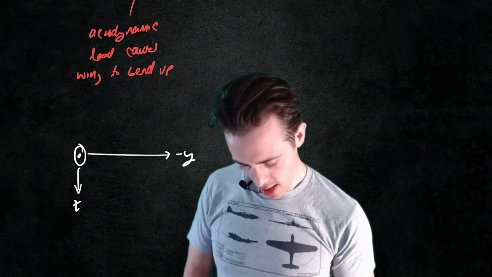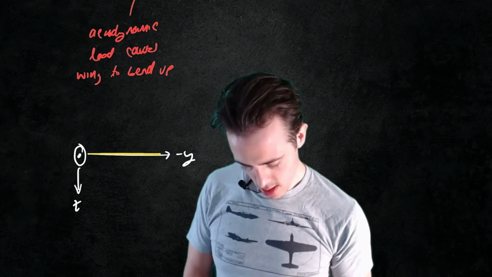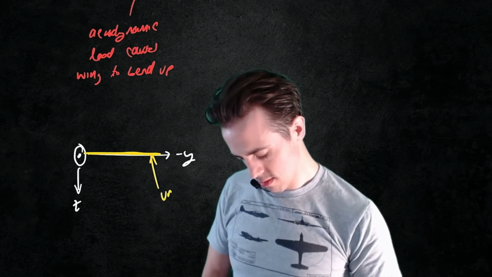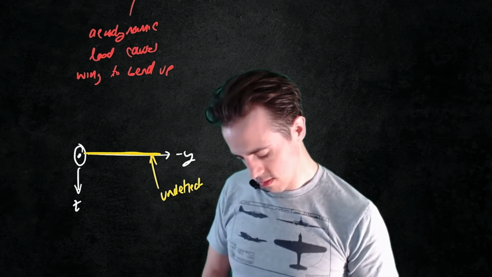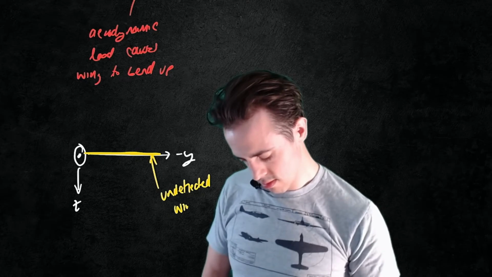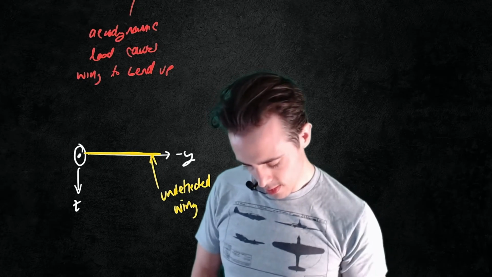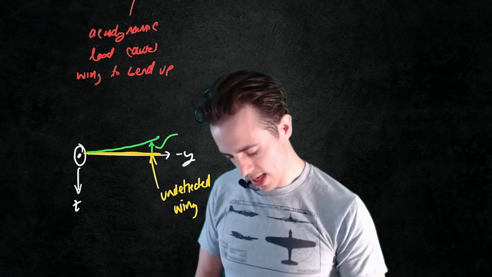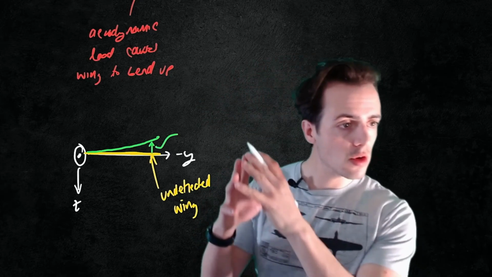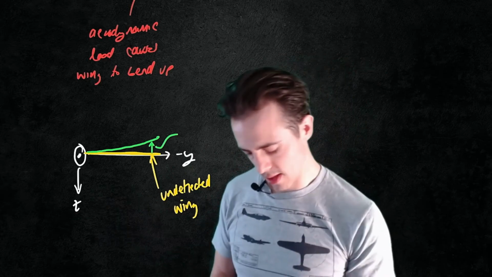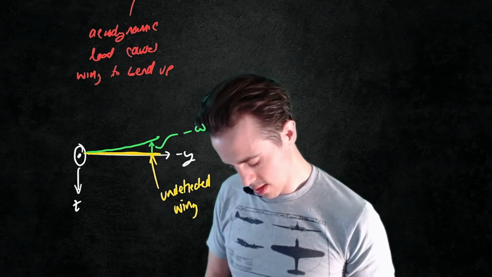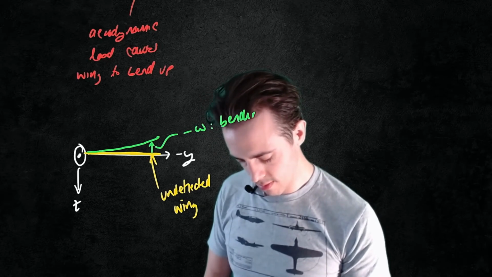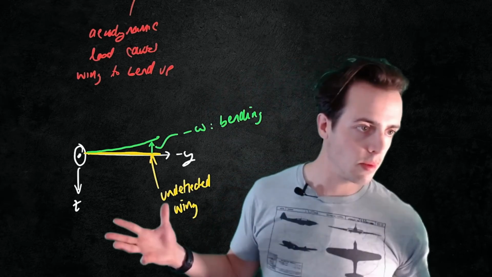If I've got my undeflected aircraft wing in yellow, I could overlay my deflected wing. We could describe bending as this negative W displacement, we'll say. Okay, so this is my bending. W, that's just the symbol we give for this displacement.